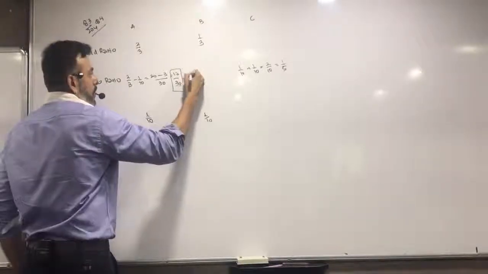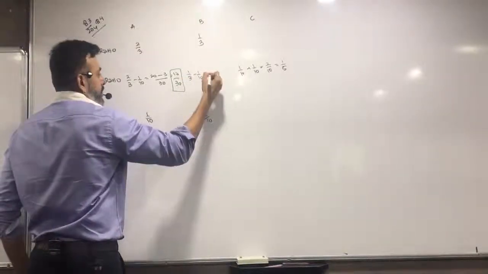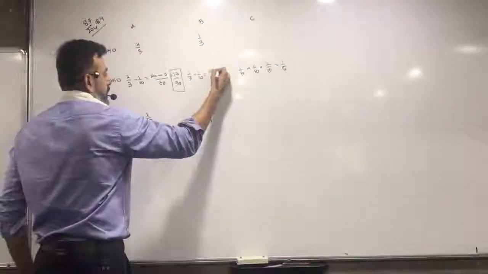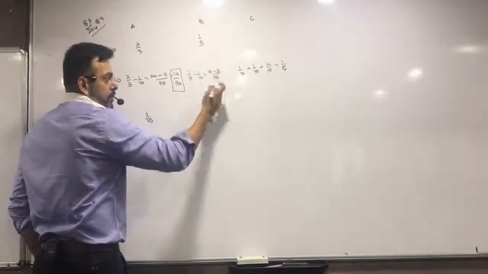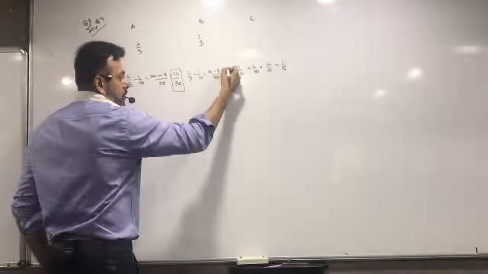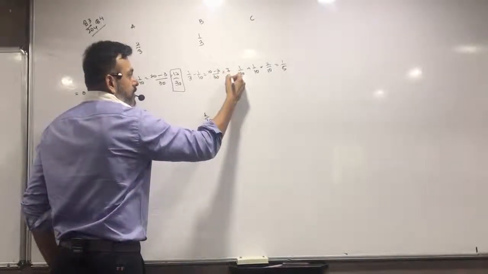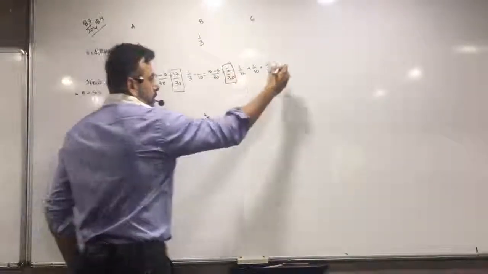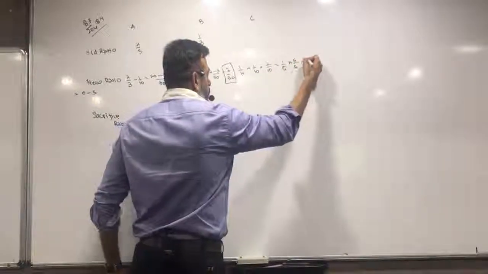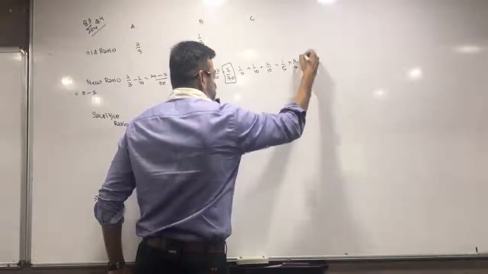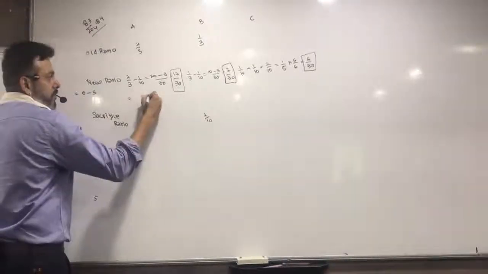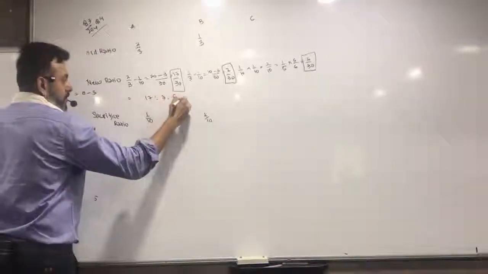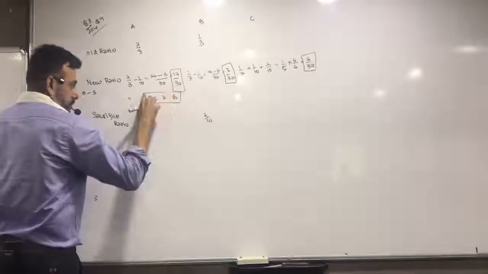And over here 1 by 3 minus 1 by 10 is equal to 10 minus 3 upon 30, which is 7 by 30. Over here 1 by 5 into 6 upon 6, so 6 by 30. Got it? So the new ratio is 17:7:6.